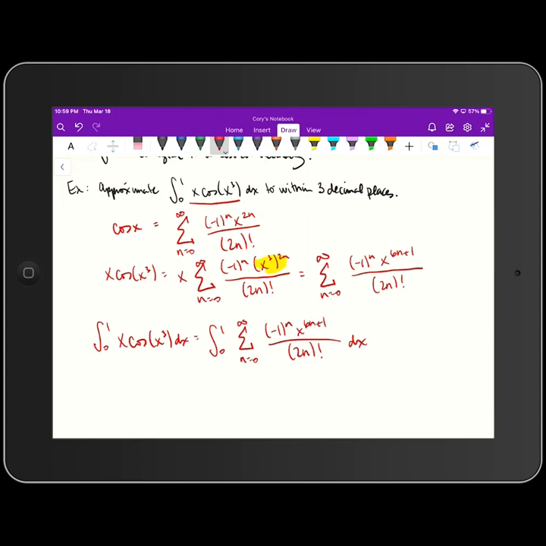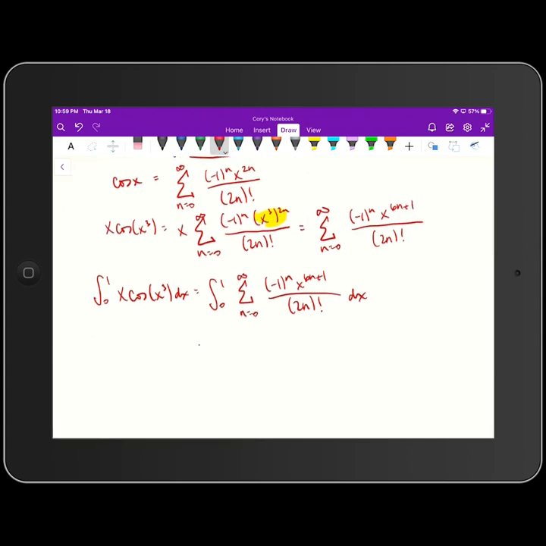Okay, so this is different. This is the first time we've dealt with a definite integral with a summation formula inside of it. So all we're going to do here is find the antiderivative of that summation formula.